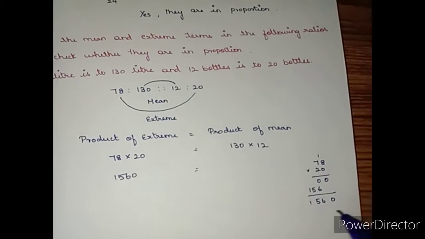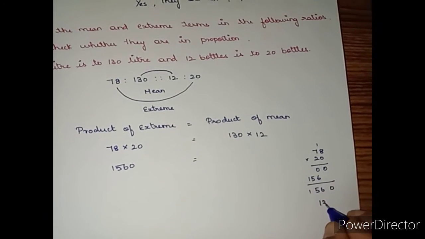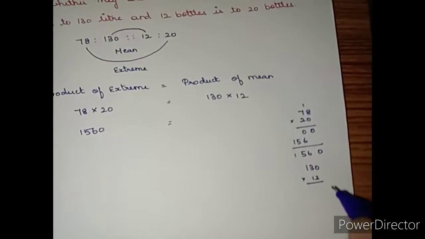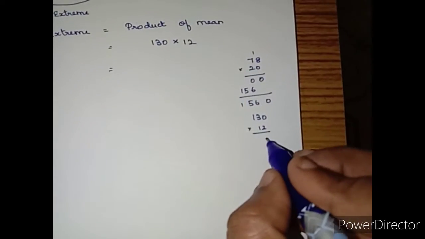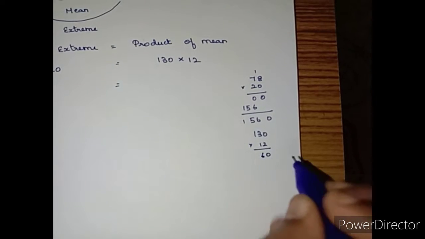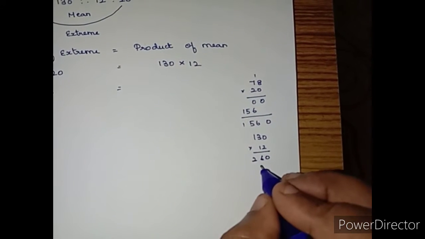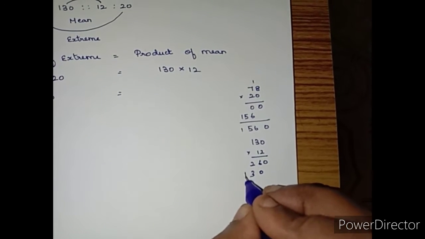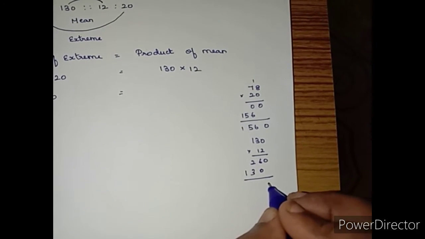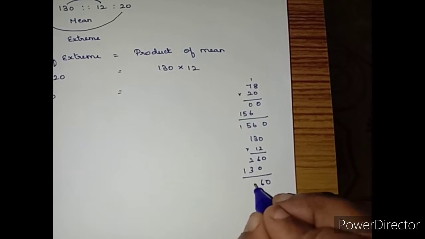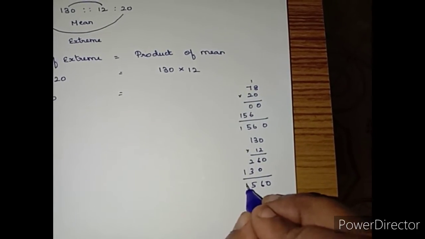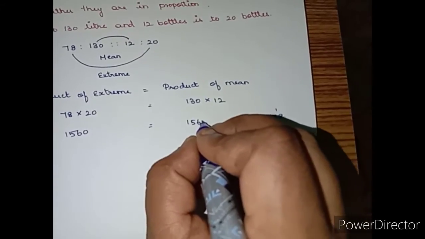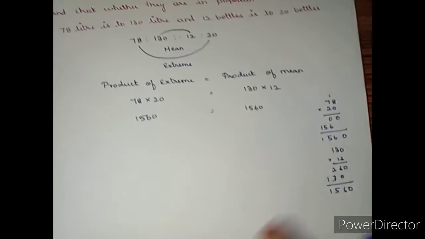We'll see the next one, 130 into 12. Here 2 zeros are 0, 2 threes are 6, 2 ones are 2. Then 1 zero is 0, 3 ones are 3, 1 one is 1. So 0, 6, 2 plus 3 is 5 and 1. So what is the final answer? 1560. Can you see? Both are the same.